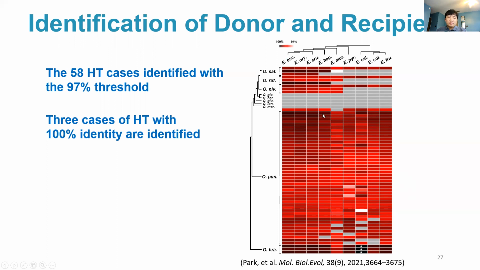And this heat map shows the red color density is proportional to the identity of the horizontally transferred elements. And interestingly, we could find three cases of horizontal transfer that show 100% identity between Echinochloa calopus and Oryza brachyantha.